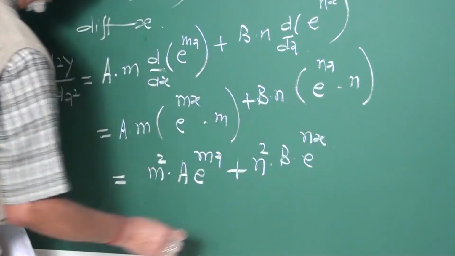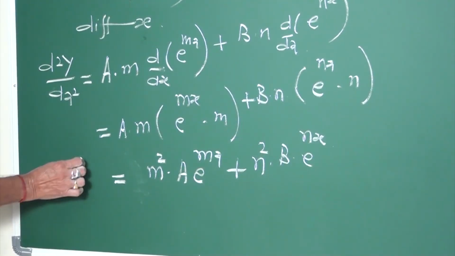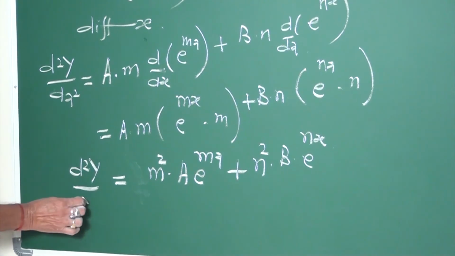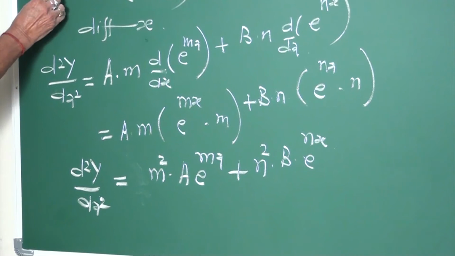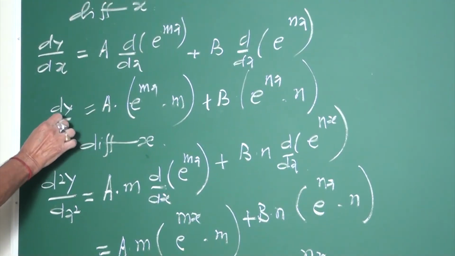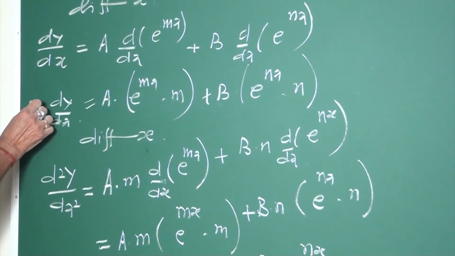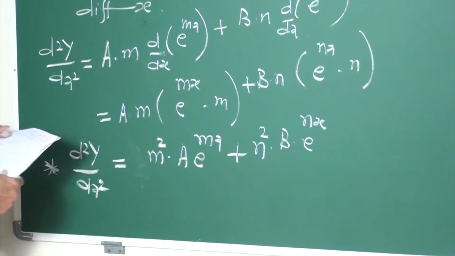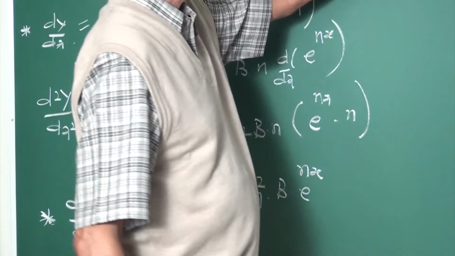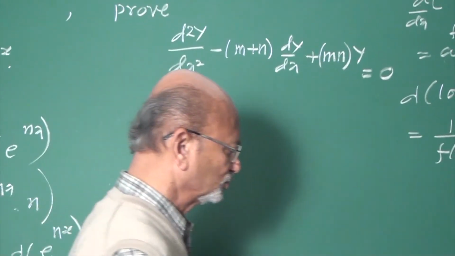What is this, my friend? This is the second derivative. Now, what is the first derivative? This is the first derivative. Yes, friend, this is the first derivative. This is the second derivative. Then you take the LHS and substitute those values.